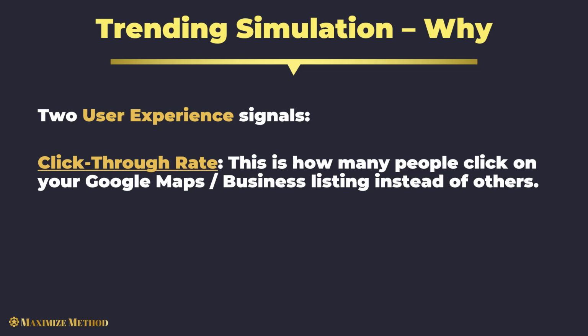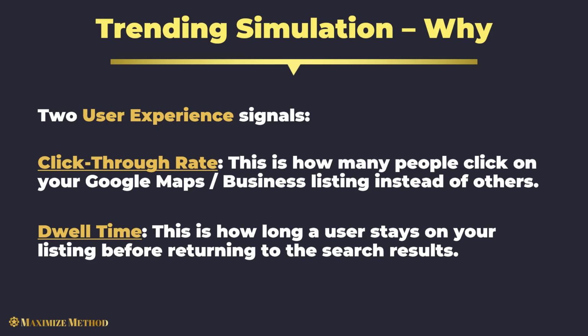The click-through rate is basically how many people click on your Google Maps listing instead of others. So, if your Maps listing shows up, do people click on it? So it's like a percentage. And then the dwell time is how long a user stays on your listing before returning to the search results. So this trending simulation takes care of both of these metrics.